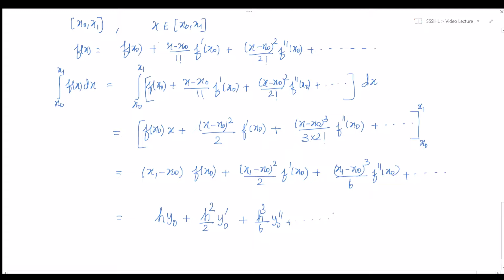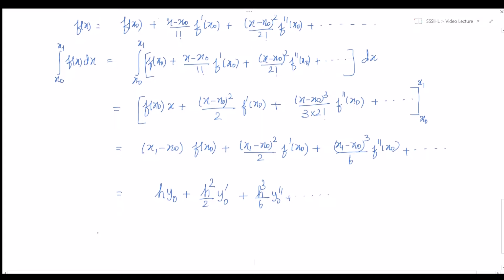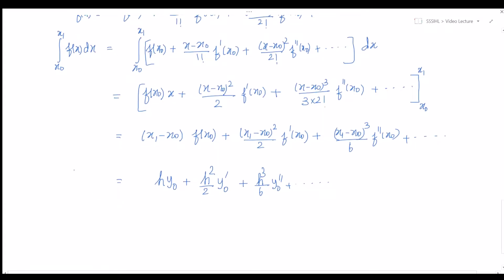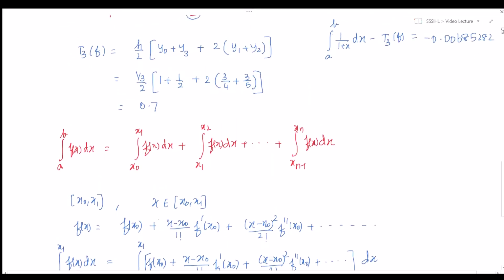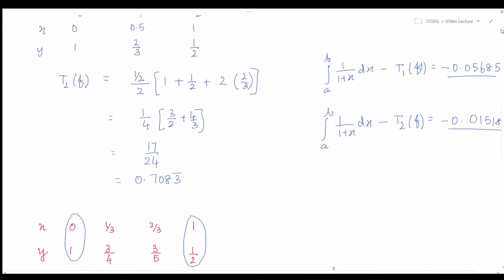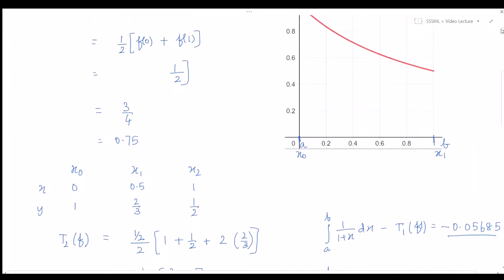Now, we know the geometrical meaning of the integral x naught to x1 f of x dx. We divide the interval a to b into n plus 1 equal intervals.